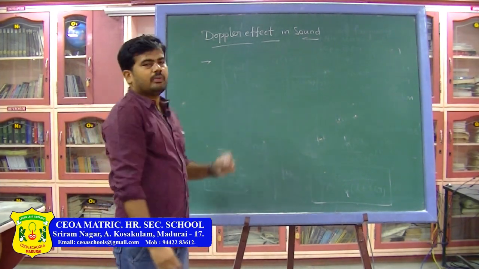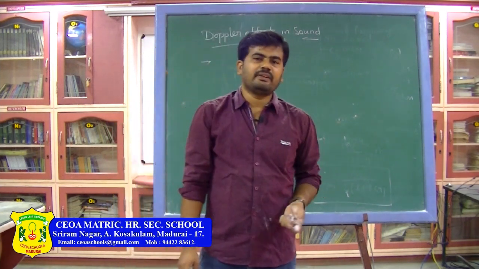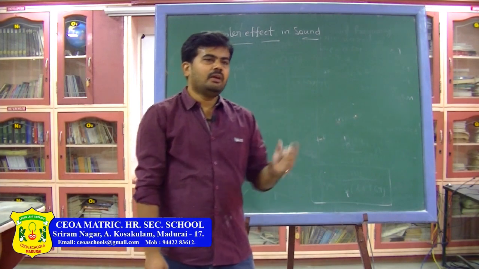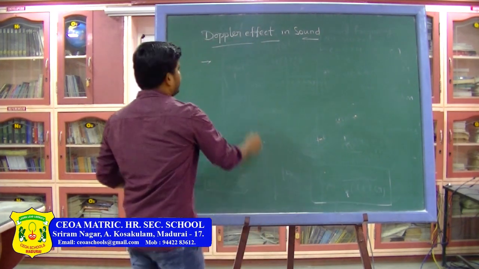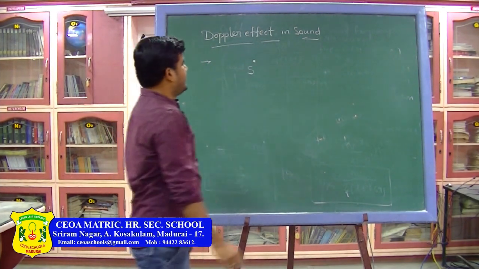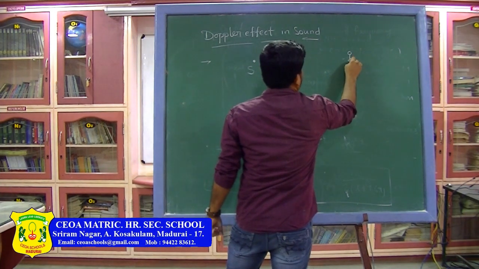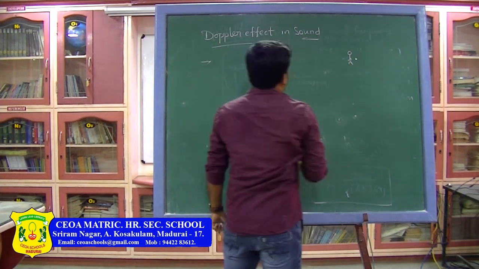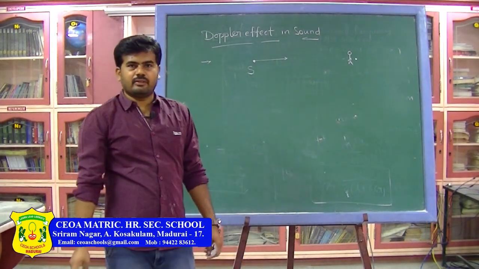It is the phenomenon of apparent change in the frequency of sound when there is a relative motion between the source of sound and the listener. For example, if this is a source which is producing sound, and here is the person, that is a listener who is listening to this sound, and this is the sound direction which travels towards the listener.